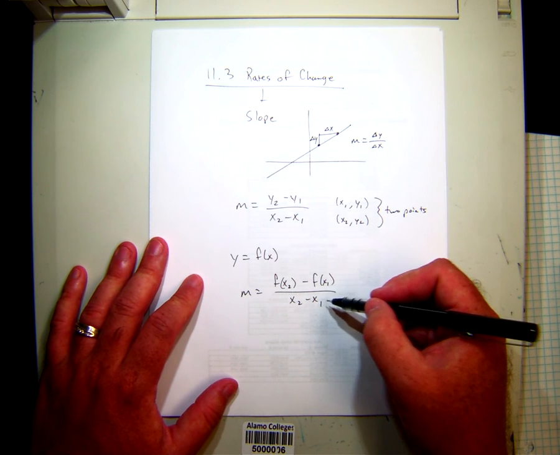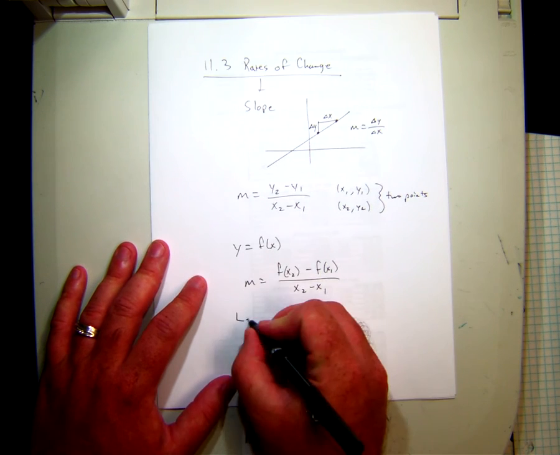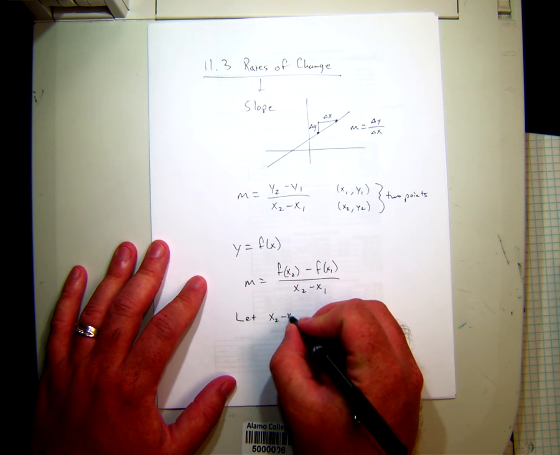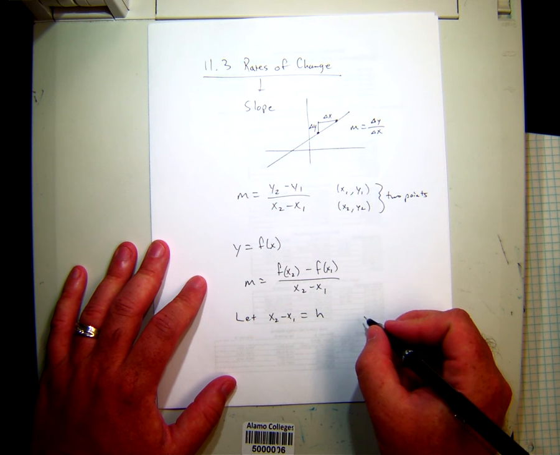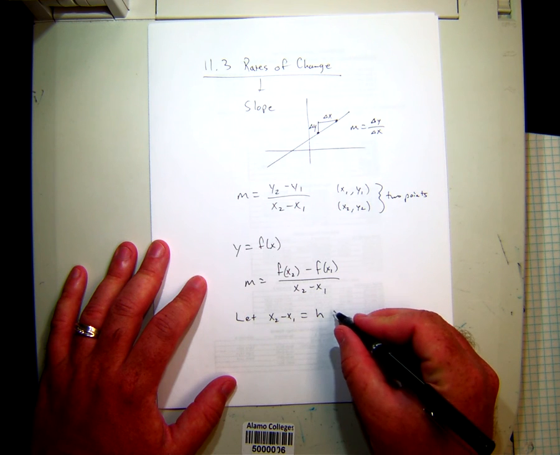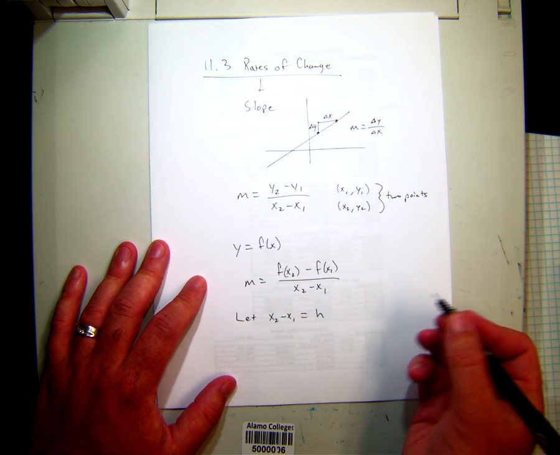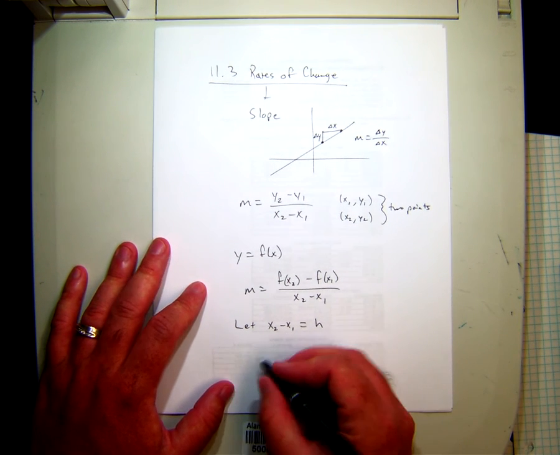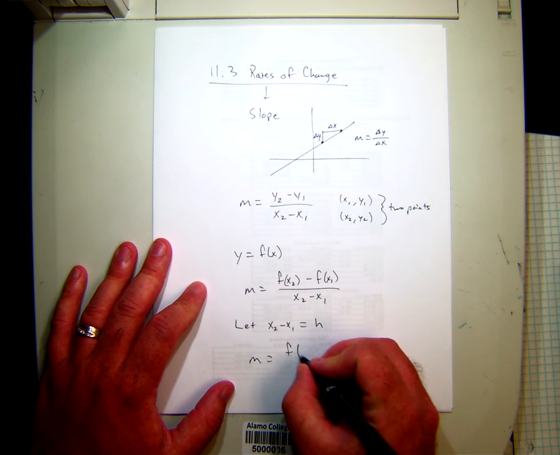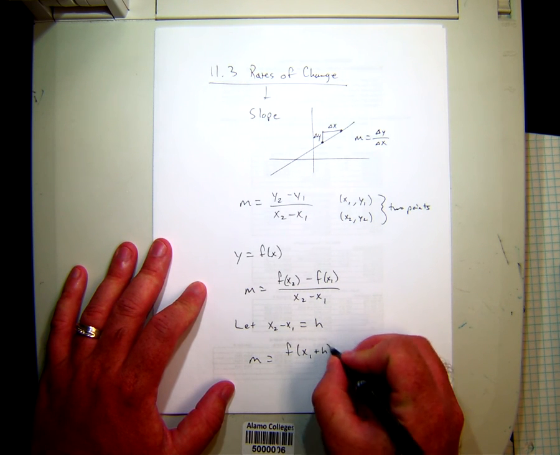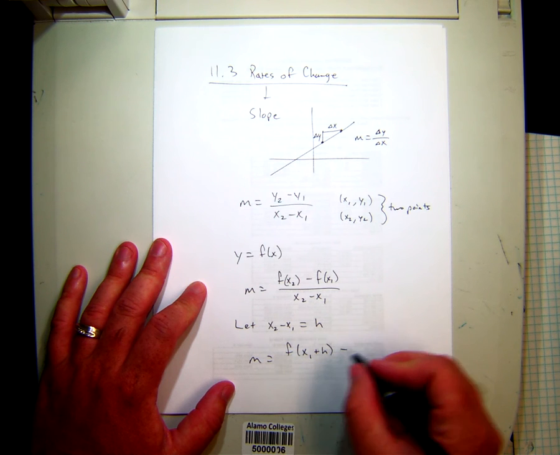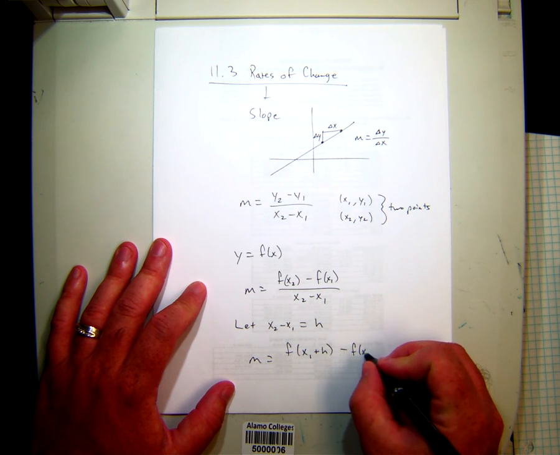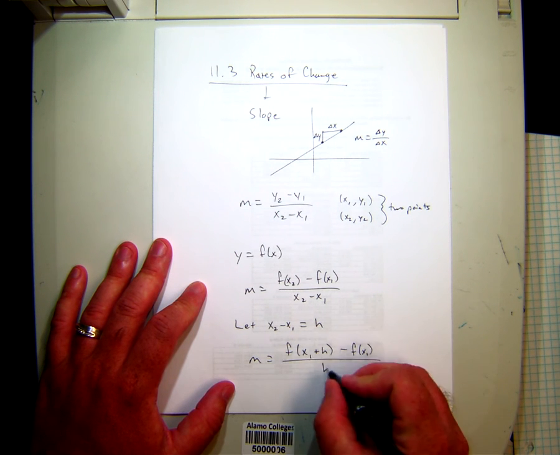There's one more way we're going to write this. Now we're going to let x2 minus x1 be a variable called h. So this is the distance, the difference between x2 and x1. And now our slope is going to be this. M is equal to f of x1 plus h minus f of x1 all over h.